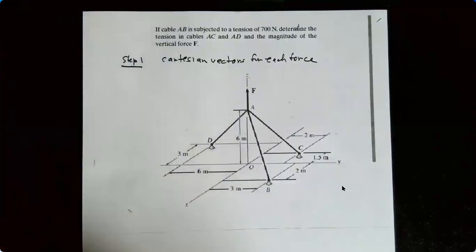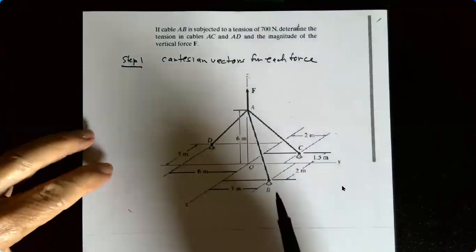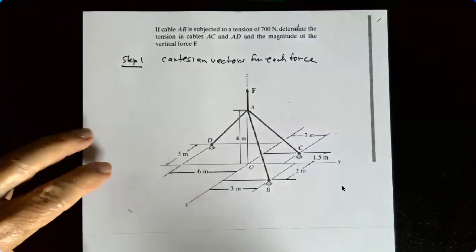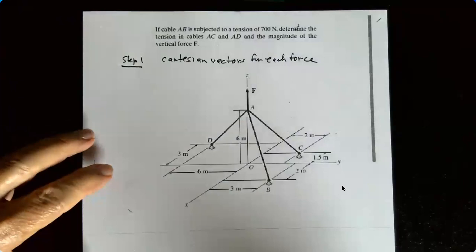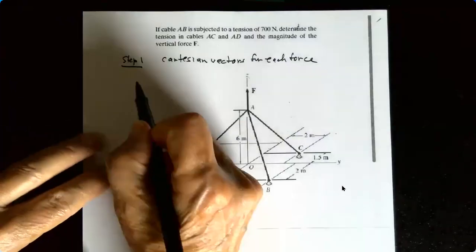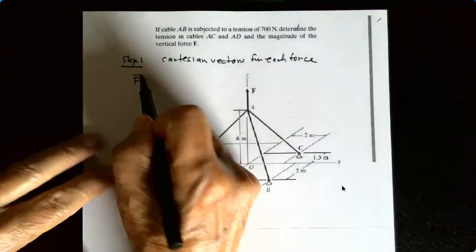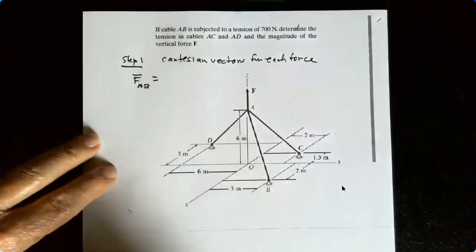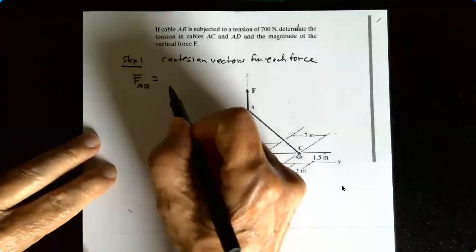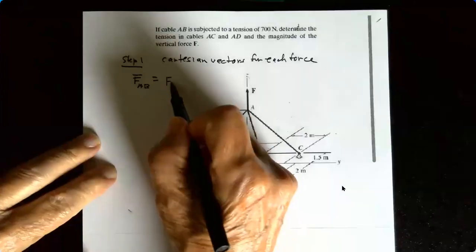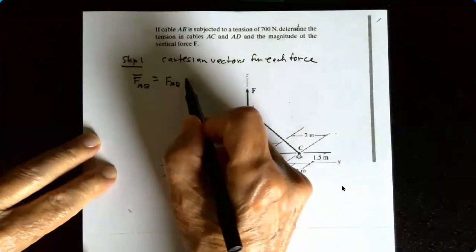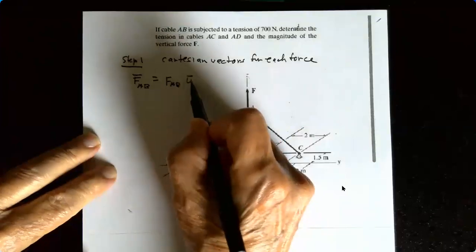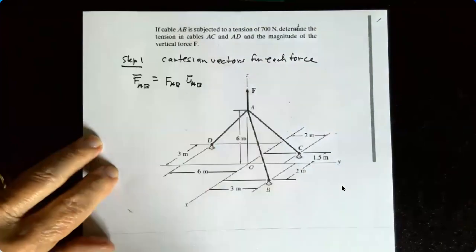And so what this says is, I'm going to look at force AB. We know that one. I'll just write it as the quantities. So the vector force AB is equal to the magnitude of the force AB times the unit vector for AB. And we've already looked at that.